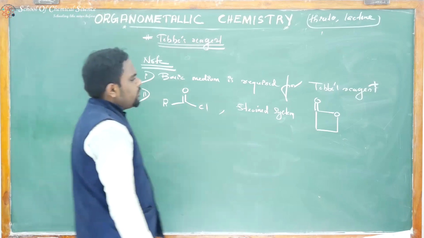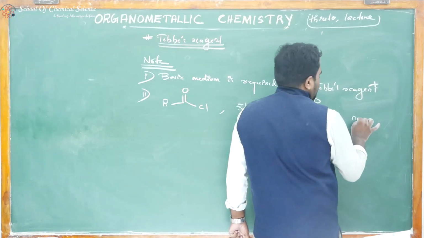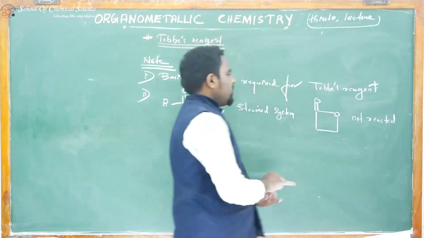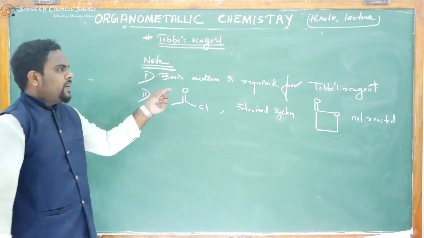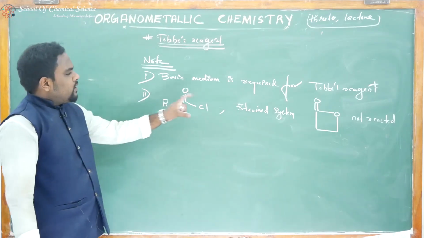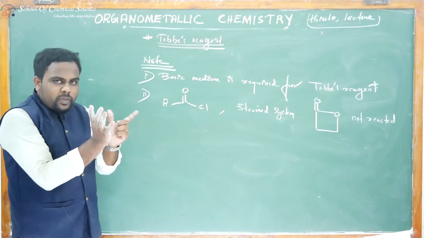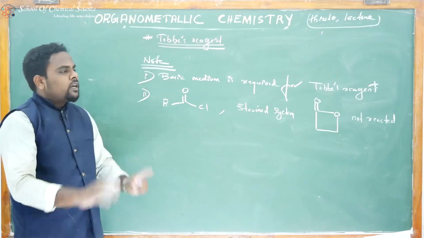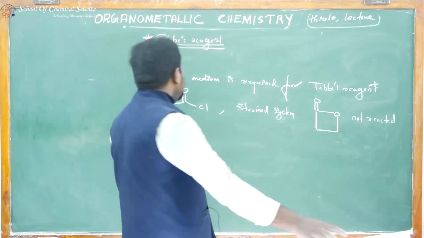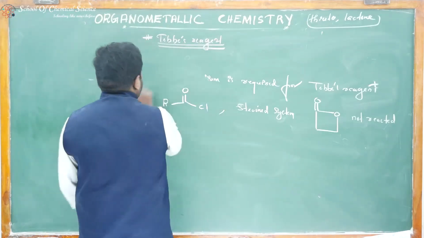This type of system does not react. So note these two points. A basic medium is required for Tebbe's reagent, and acid chlorides or strained lactones do not react. Normally a lactone will react, but such a 4-membered strained lactone will not react.